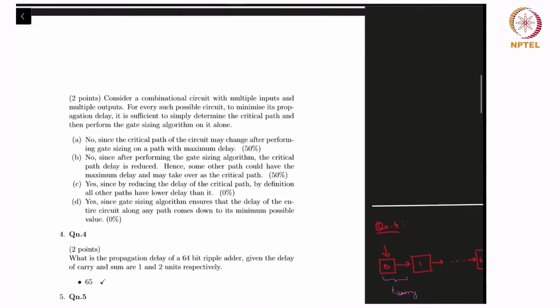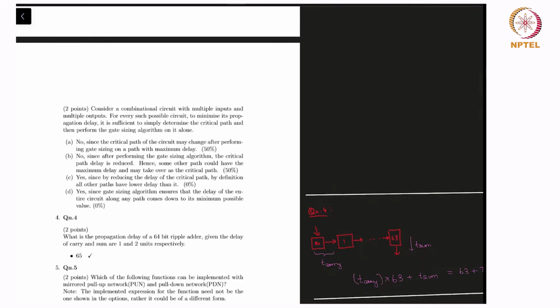The idea is that the critical path is equal to the max over paths of the delay of the path, or maybe the argmax over paths of the delay of the path.